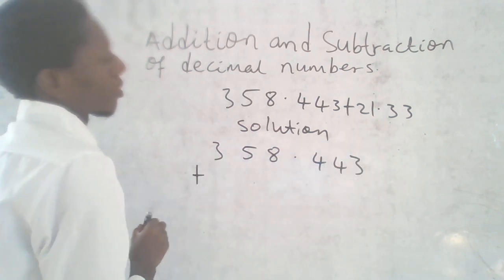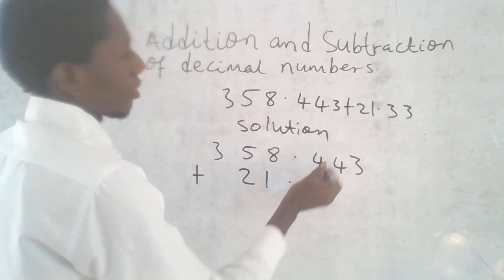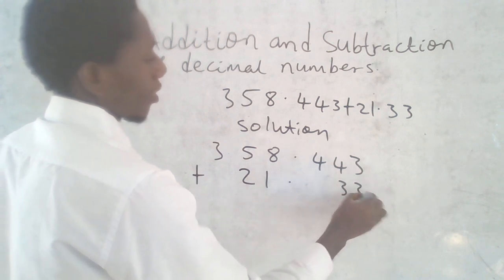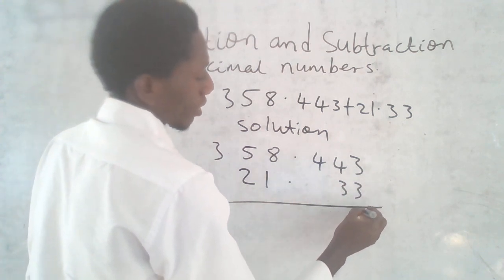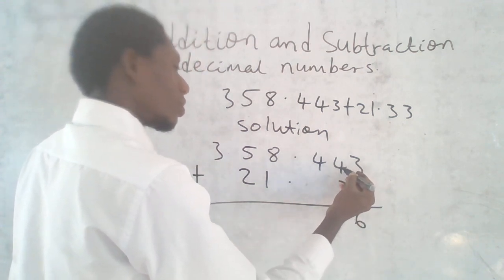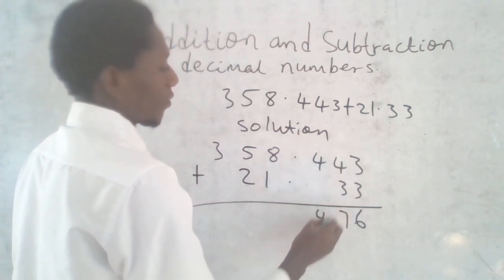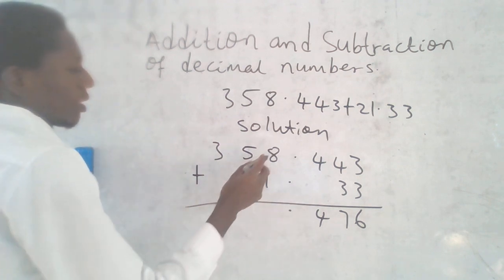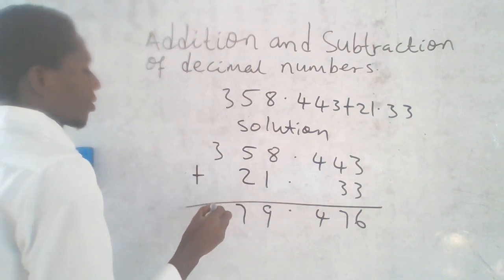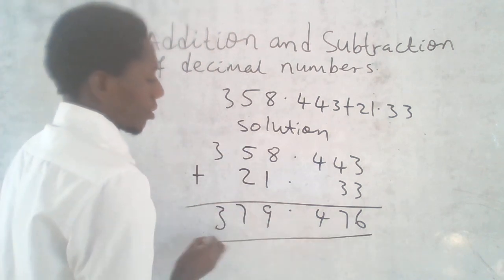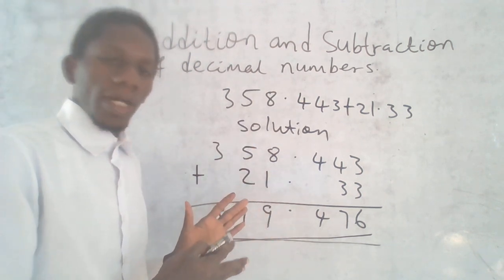Then plus 21.33. Okay, so now 3 plus 3 is 6, and 4 plus 3 is 7. 4 plus nothing is 4. You bring your point. 8 plus 1 is 9. 5 plus 2 is 7. And 3 plus nothing is 3.